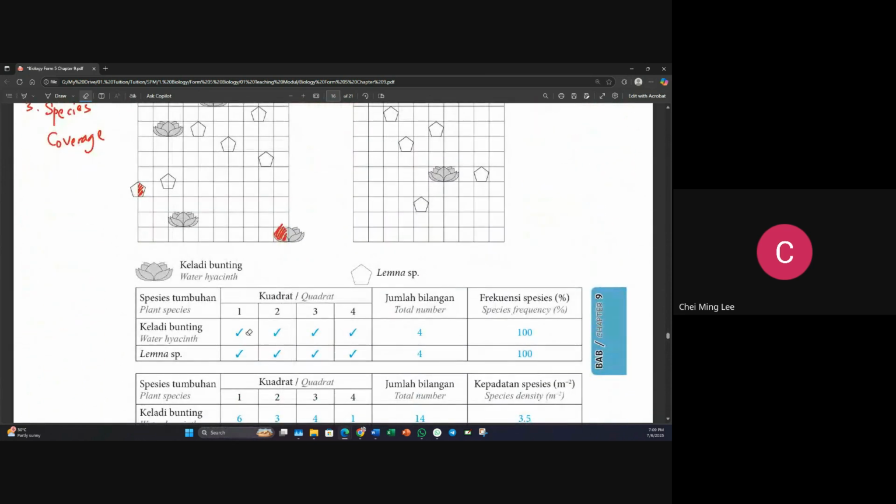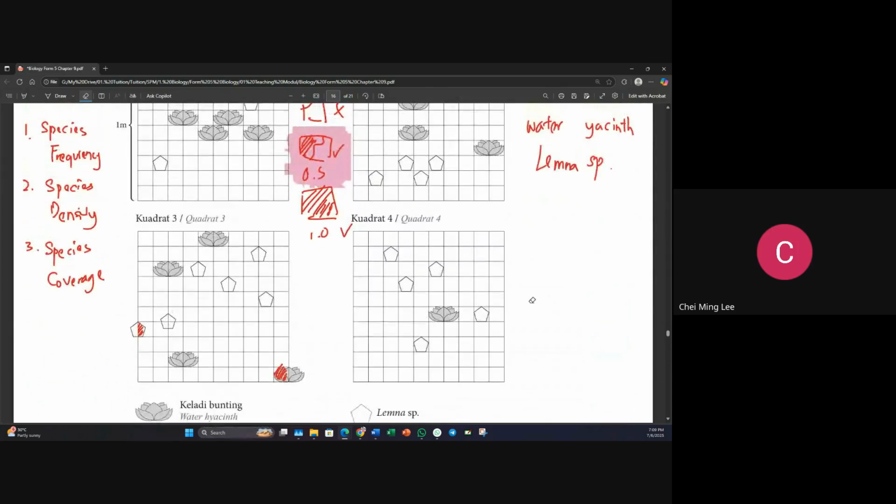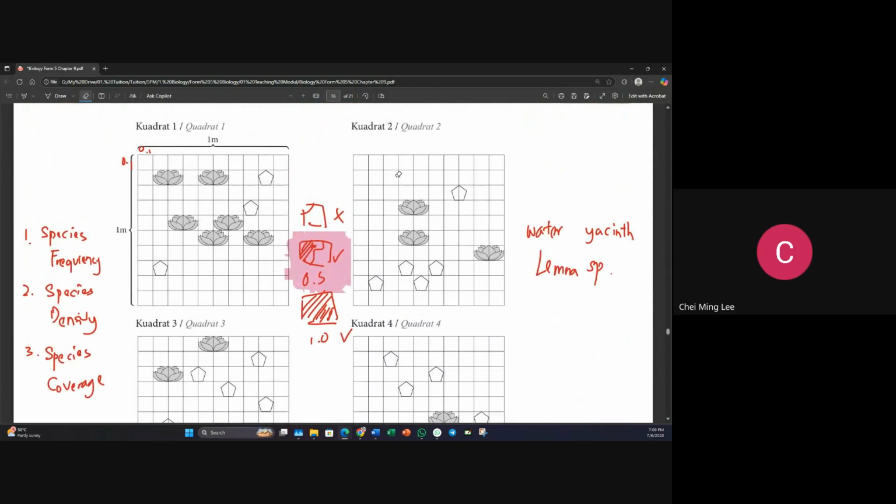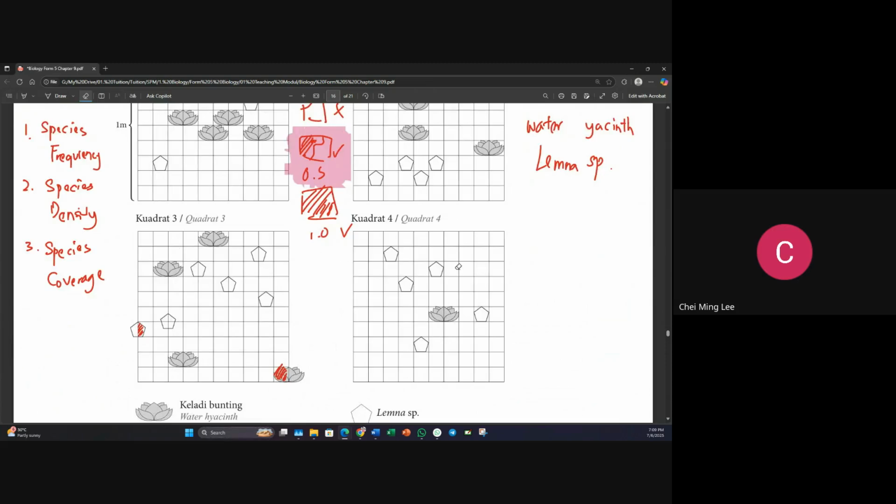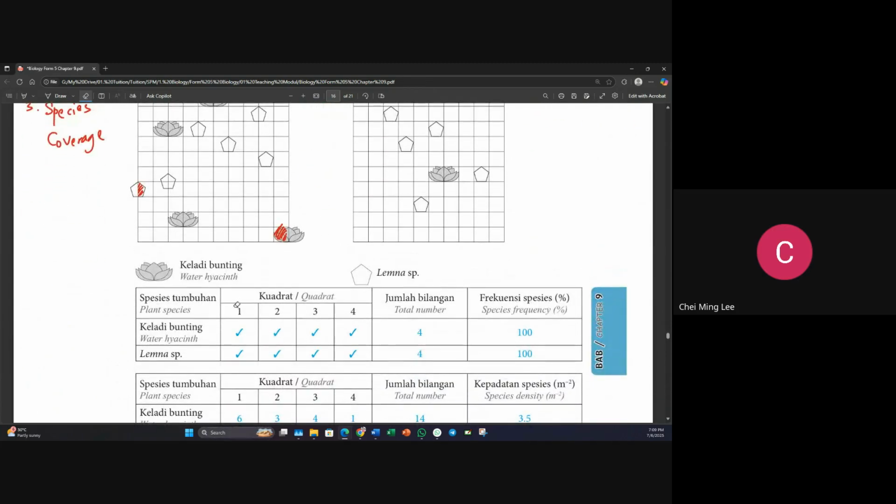Now, first we try to get what I call the species frequency. You see here, quadrant 1, 2, 3, 4 both have water hyacinth and lemna. All of them have both. So the total number is 4, 4. So by using the formula, you should get 4 over 4, which is 100%.